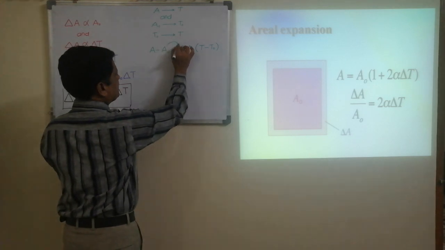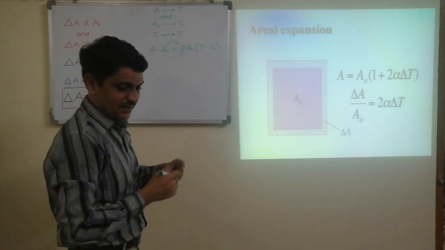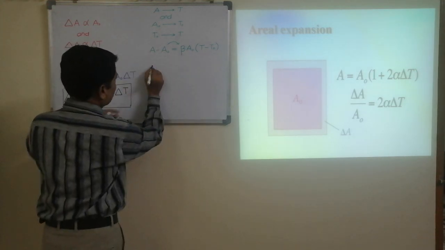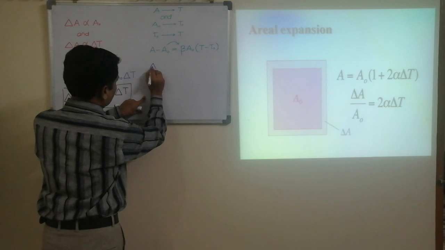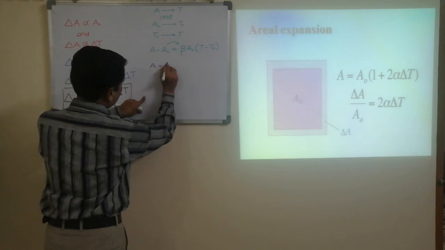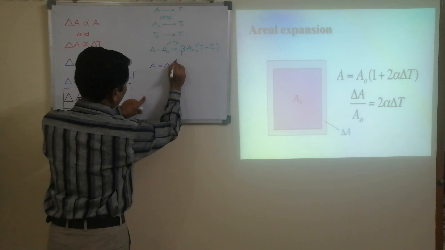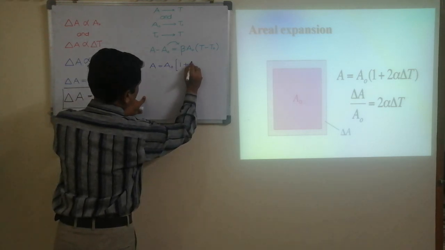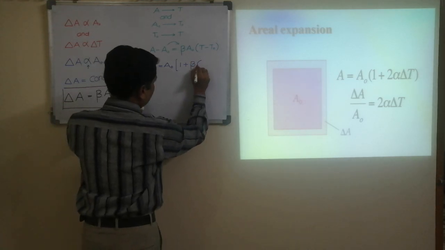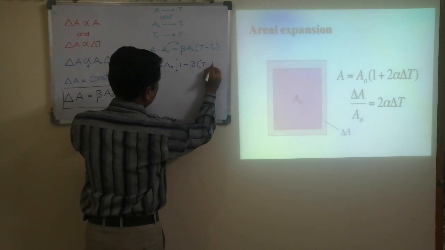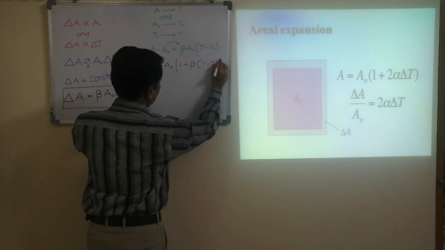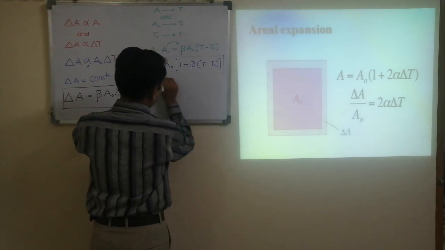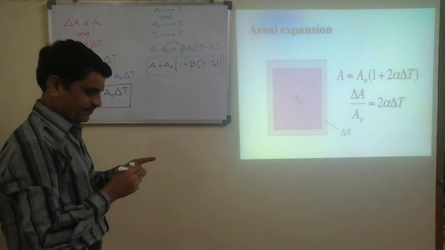If I send this side, minus A naught becomes plus A naught, and after simplification we can write A equal to A naught, common in bracket, 1 plus beta into T minus T naught. So this is the area of the body at temperature T.